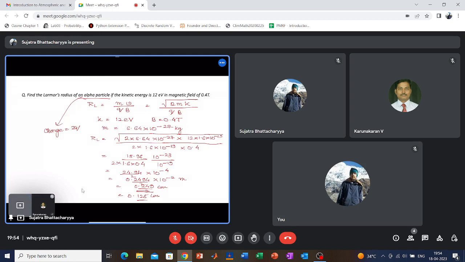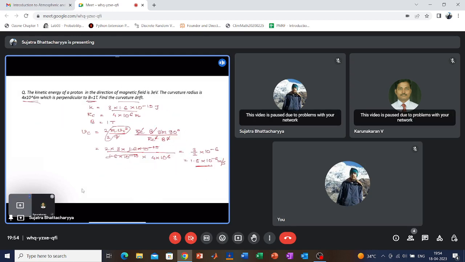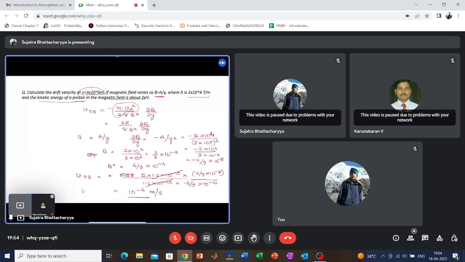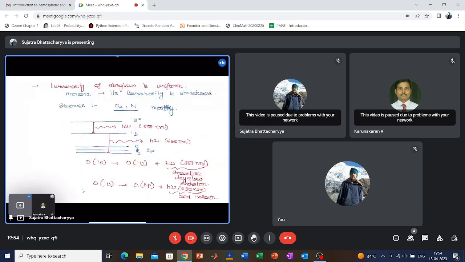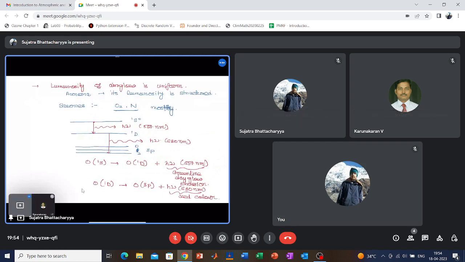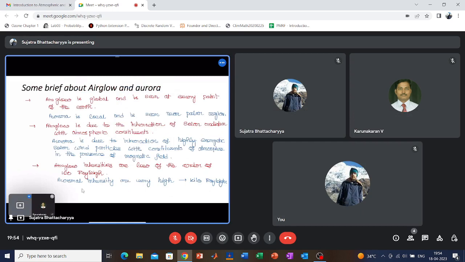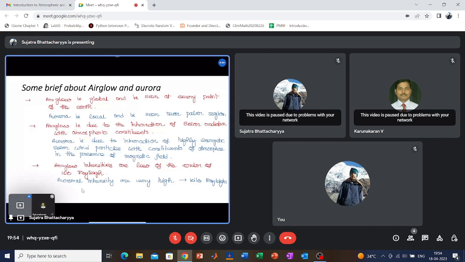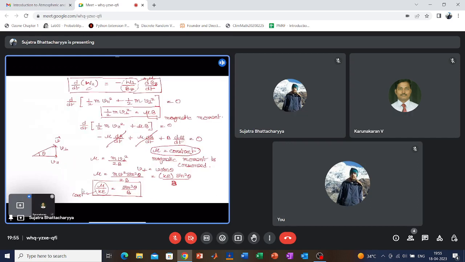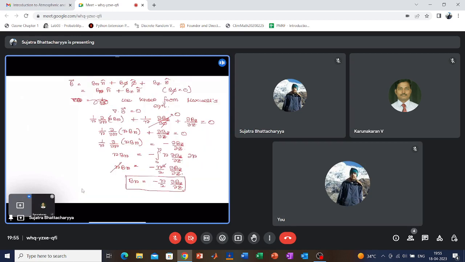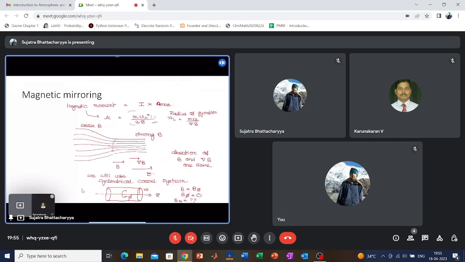So what we have done is some numerical questions which I tried to fix so that we can easily do the assignment questions, and I have given some glimpse about the air glow and aurora, which will be helpful to solve certain questions. And these magnetic mirroring concepts, whichever important formulations are there, I have derived those.